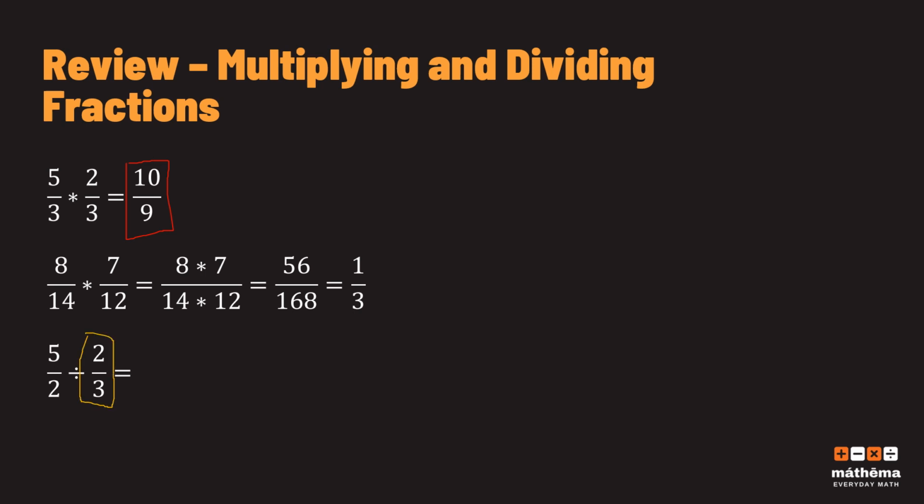So we get the reciprocal of 2 thirds, which is 3 over 2, and then proceed to multiplication. 5 times 3 will give us 15, and then 2 times 2 will give us 4. Therefore, 5 over 2 divided by 2 thirds will give us 15 over 4.